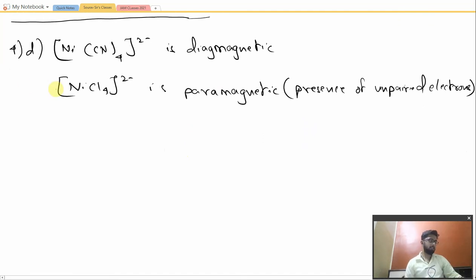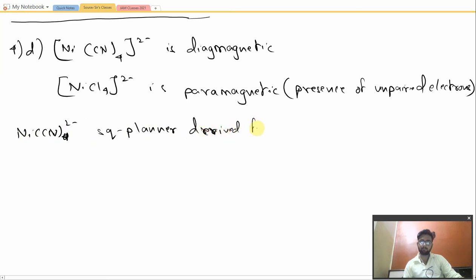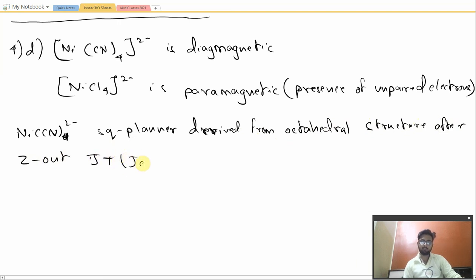Firstly, you need to know that the [Ni(CN)4]2- system is a square planar structure, which is derived from an octahedral structure after Z out Jahn-Teller distortion. Let us first discuss [Ni(CN)4]2-, and then we will discuss [NiCl4]2-.